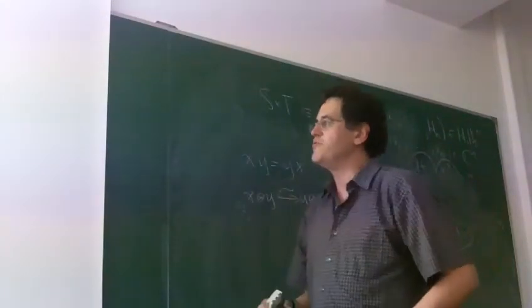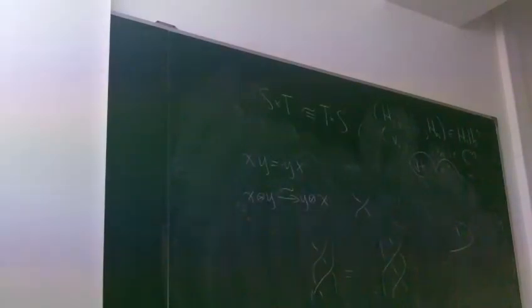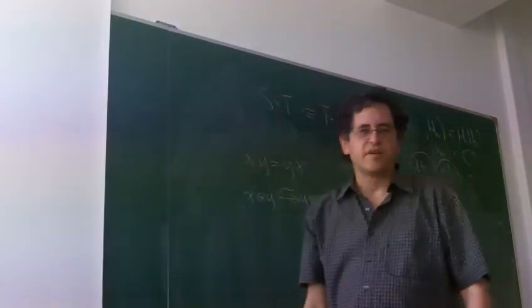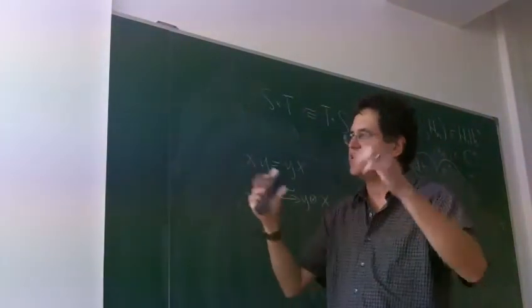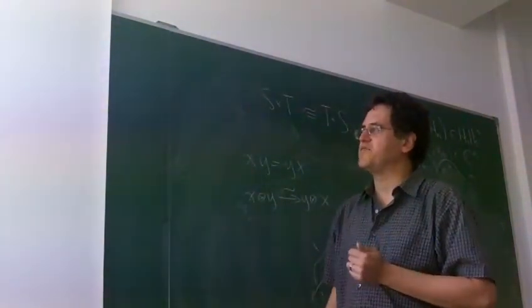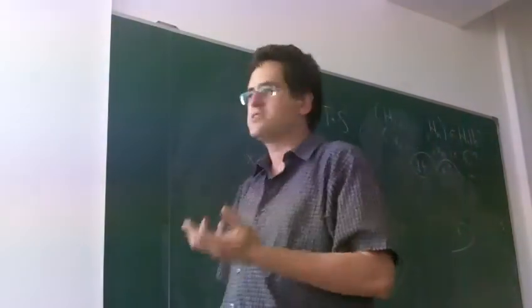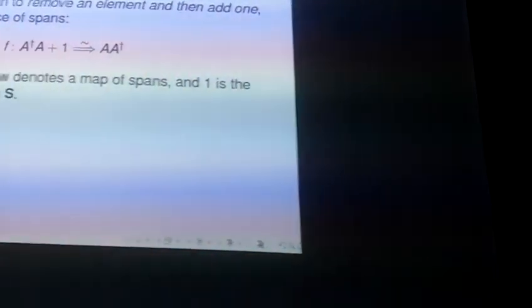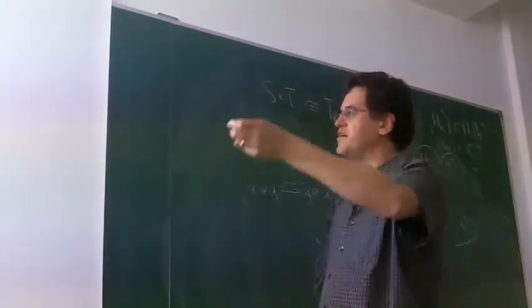You can prove, although I won't do it here, that there really is an equivalence of spans between A dagger A plus 1 and A A dagger. The proof is a good exercise to see if you understood all the concepts, and it's a little tiring at first, but if you finally get to the interesting part of the proof, you discover that the key reason why it works is just this simple idea that there's one more way to put something in a pot and then put a bean in the pot and then take a bean out than the other way around.